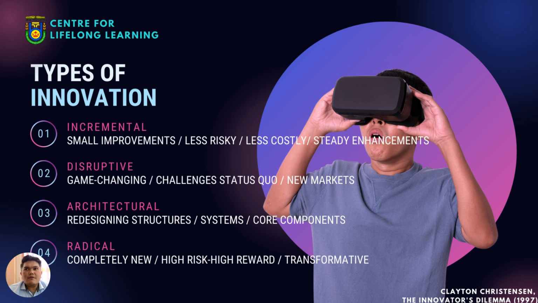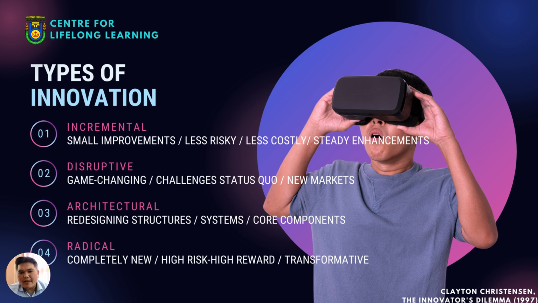But imagine an electric car, a totally new car which doesn't need a petrol engine. That makes it a completely radical kind of innovation. Or maybe instead of using a car, you use a flying drone. After this, you just take a drone and fly to your workplace. That could also be considered radical innovation.